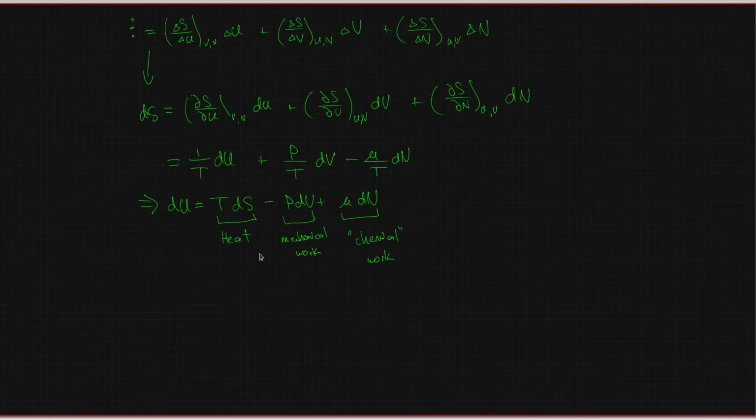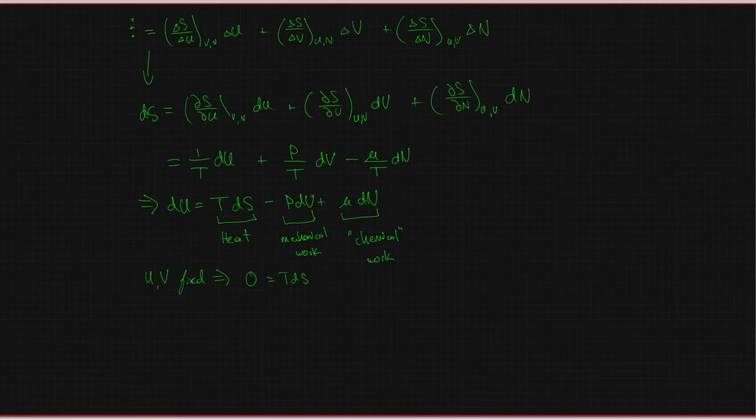All right. So yeah, let's just play around with this a little bit to see how we would use it to remember the relationships between thermodynamic identities and their derivatives on the entropy. So for example, if we hold U and V fixed, then this is just going to be TdS.